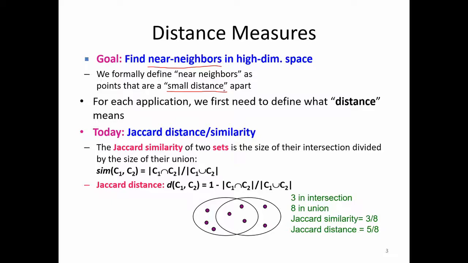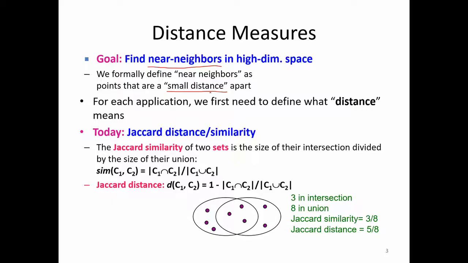Now here, one of the key things is this distance. What is a good definition of distance? The notion of distance is dependent on the application, so it changes from application to application.